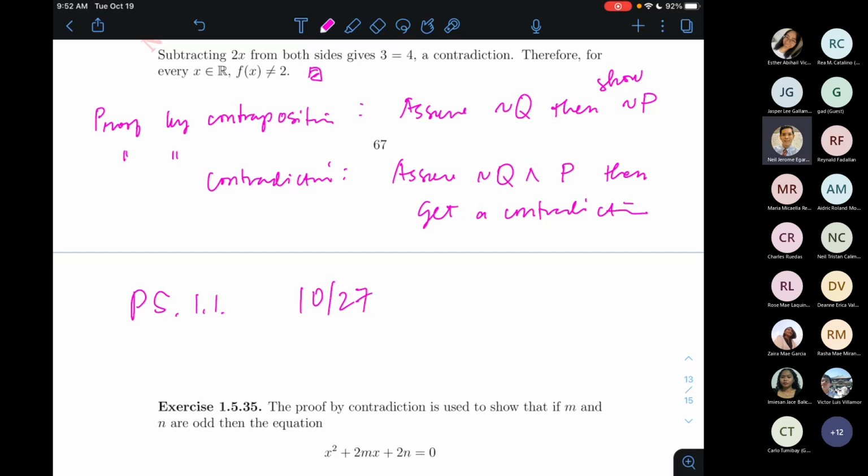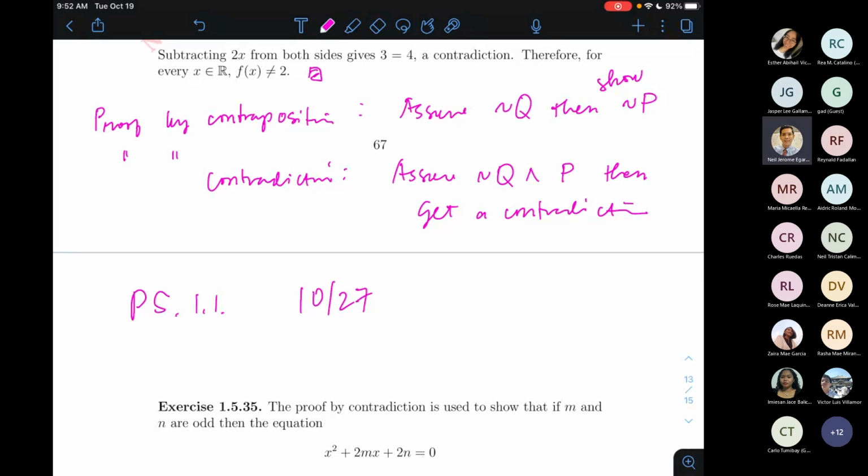Okay, so ang coverage ng problem set 1 ay hanggang sa methods of proof. Depende kung hanggang saan yung matatapos natin by Friday. Alright? So kung ano yung matatapos natin by Friday, yun yung magiging coverage ng problem set number 1. And let's see, kailan ba pwedeng problem set 1?